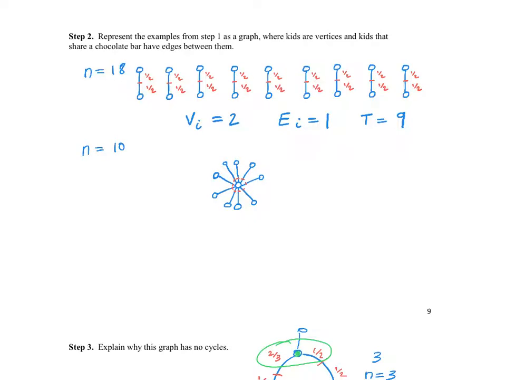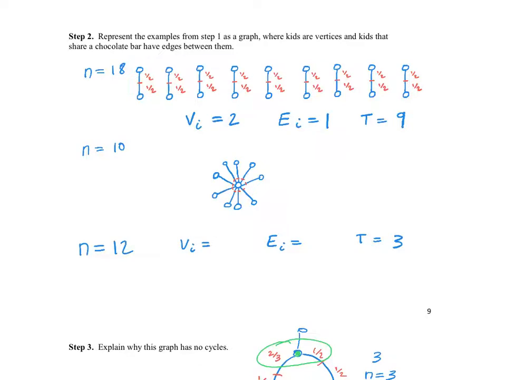Okay, so we also have the possibility of n equal to 12. So to help us write down what this tree looks like, let's write down our v sub I, our e sub I, and capital T. So capital T, as we discovered earlier along, was 3 different trees.